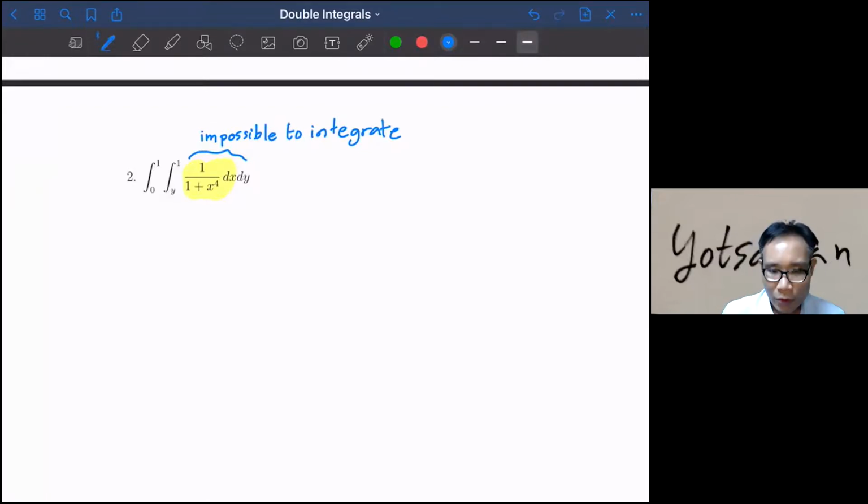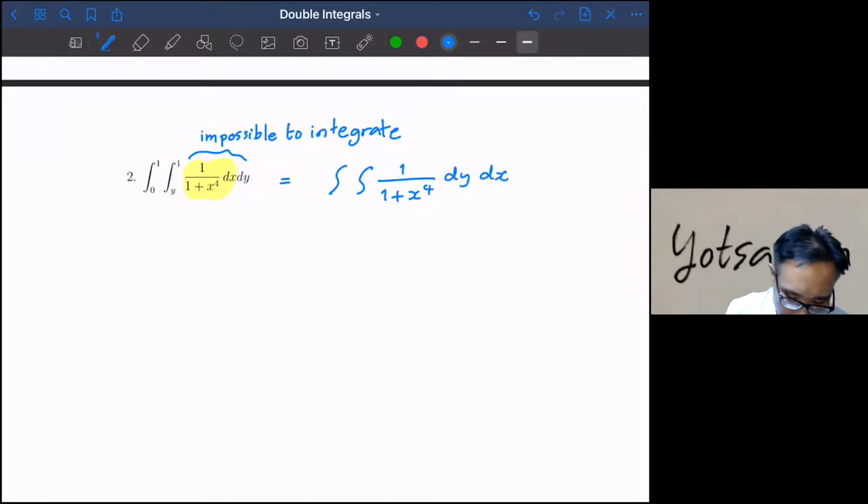Integration by parts is not working, partial fractions, impossible. For this one, you need to reverse the order. So we're going to reverse the order to get the double integral of 1 over 1 plus x to the fourth dy dx. And after you reverse the order, you see that this one turned out to be constant.